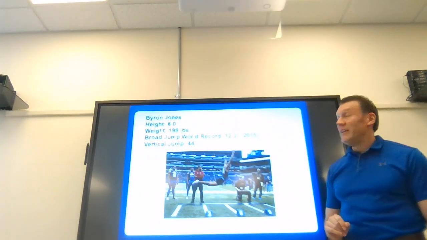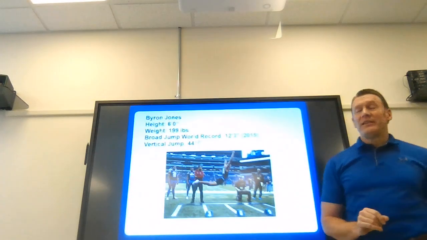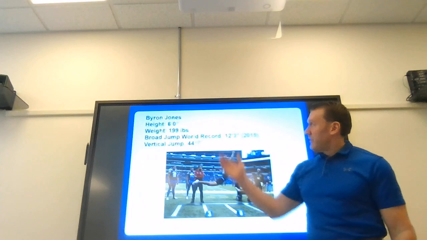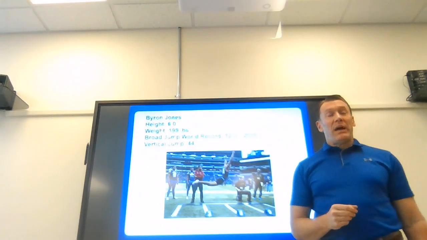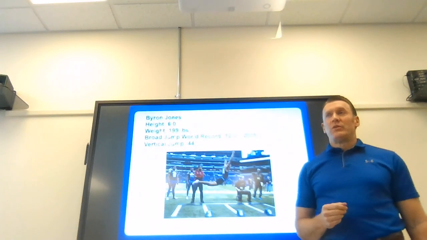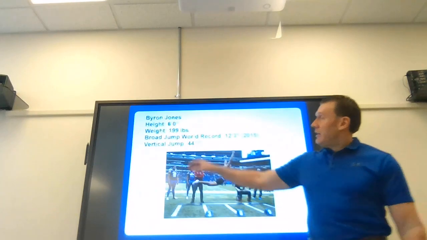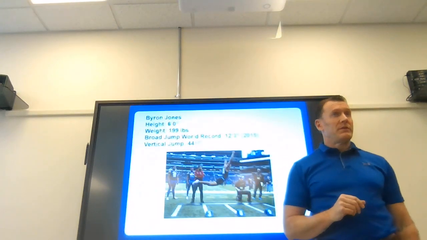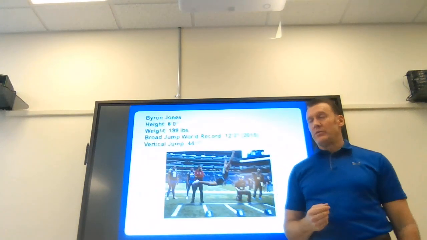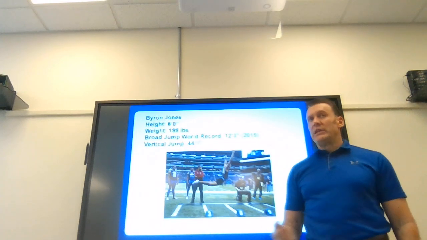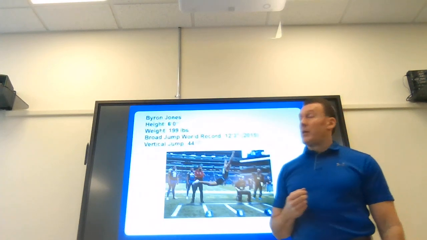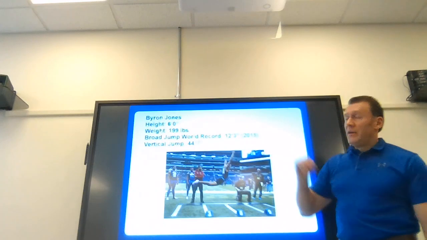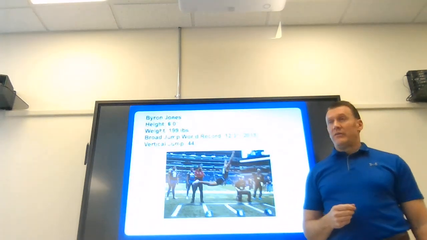That's pretty amazing. You can see that he not only has the best standing broad jump in the world, but he also has a very good vertical leap. So you'd probably say there's a pretty good correlation between those two. If someone's a really good vertical leaper, they're probably also a pretty good horizontal leaper for the broad jump.